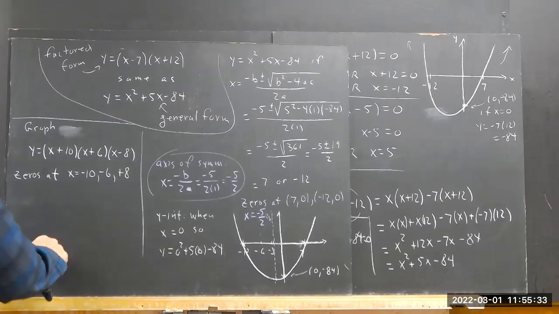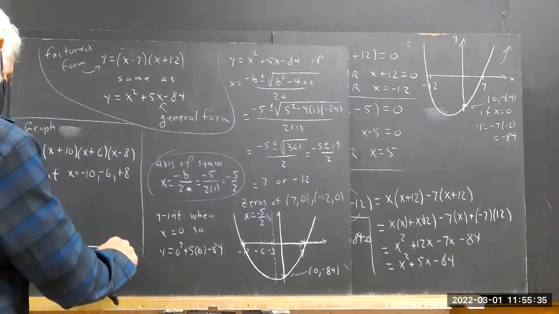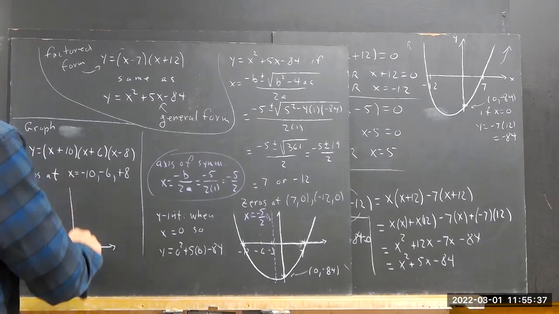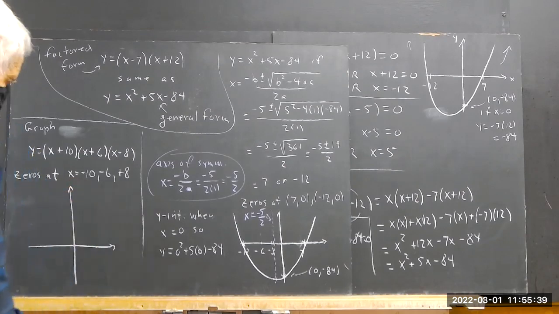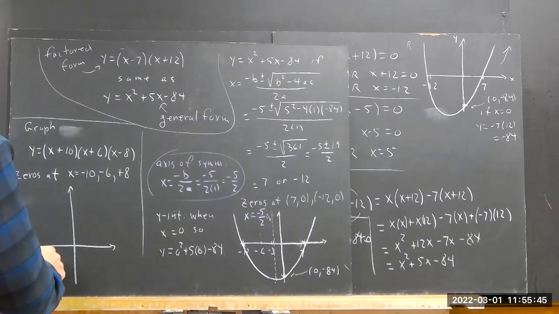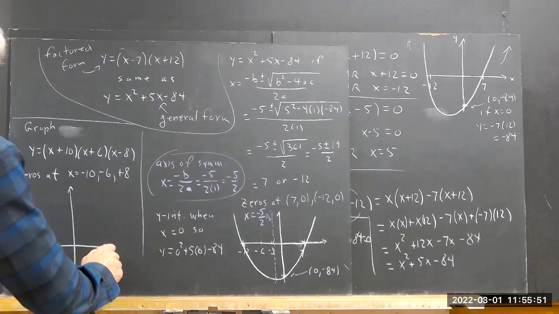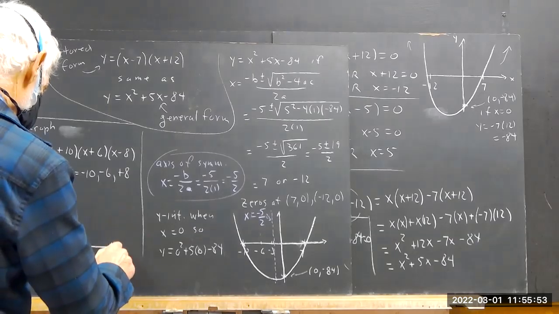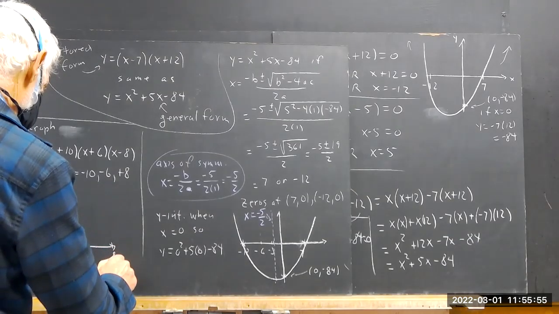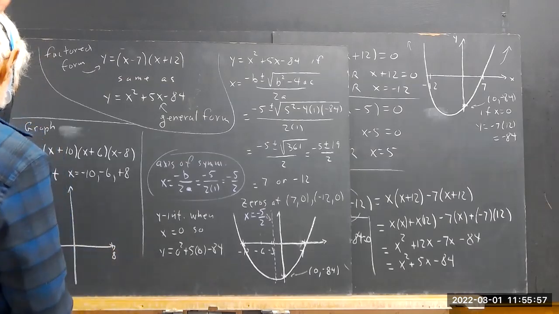So we sketch the graph, such as it is. Okay, and we say, well, let's say -8 is here, and 8 is out here on the x-axis.